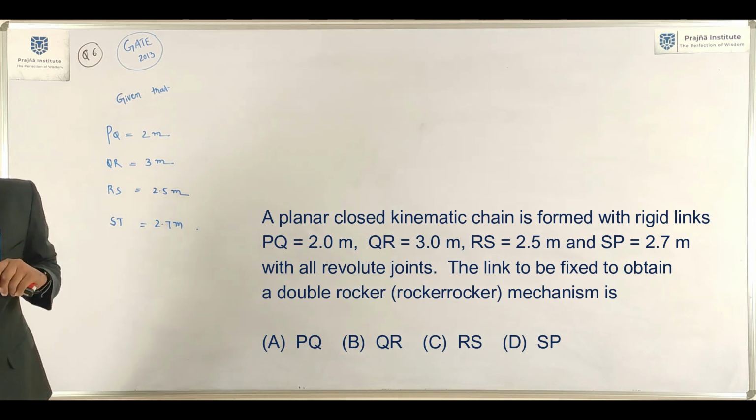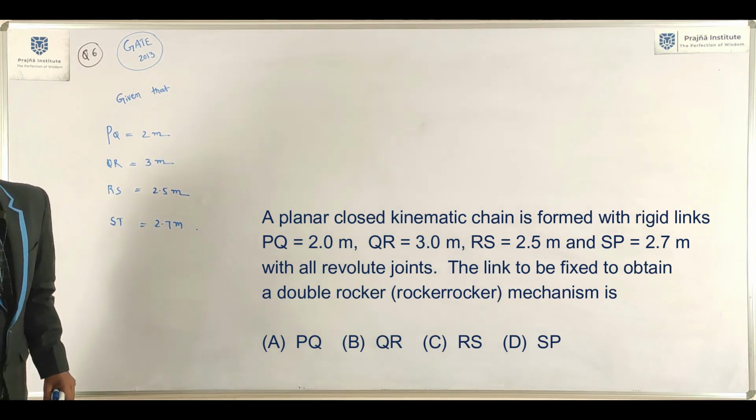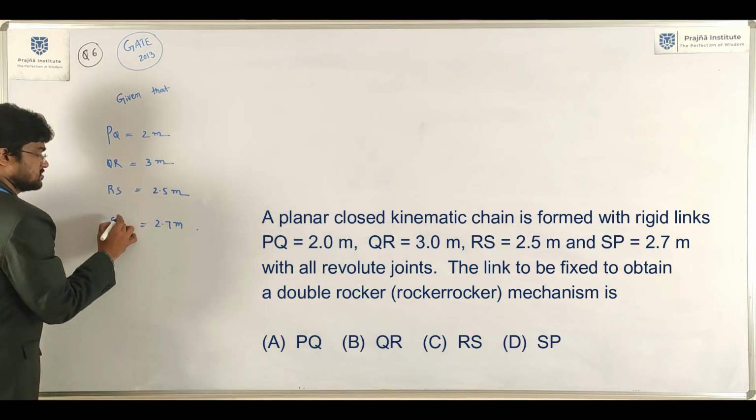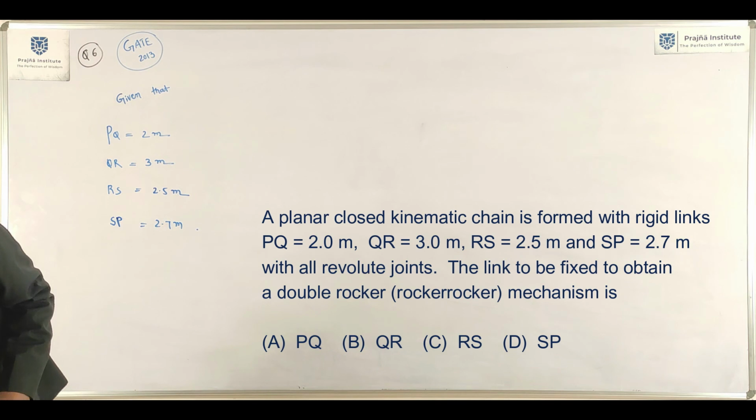Check it out: 2 meter, 3 meter, 2.5 meter, and SP. Okay, so this is 2.7 meter, with all revolute joints.